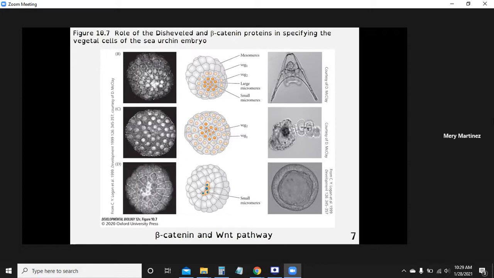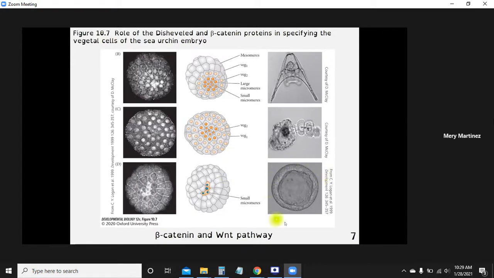But if experimentally beta-catenin is prevented from entering the ventral nuclei, this is what we have in here. There is just a little bit of expression, but not even. Okay, so these are the small micromeres. We don't see the accumulation of beta-catenin, and the vegetal cell fates are not specified, and the entire embryo develops as a ciliated ectodermal ball, and this is what we see.